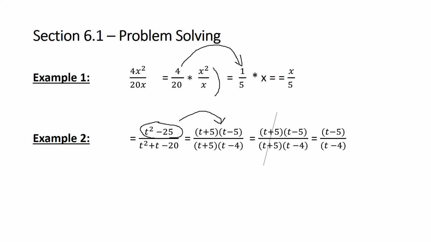In the denominator, we can use the PQ method, but this is pretty simple. T squared plus t minus 20 is the same as t plus 5 times t minus 4. Well, now I have a t plus 5 in the numerator and a t plus 5 in the denominator, where I'm multiplying them against each other. Those cancel out, same as 1. So my final answer is what's left, t minus 5 over t minus 4.